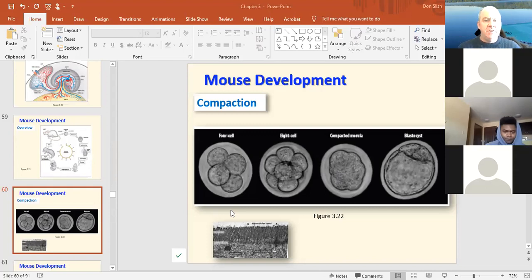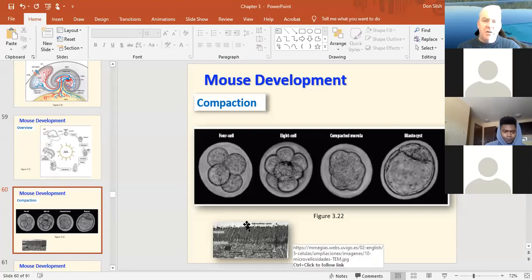Another thing that happens at this stage is the outside cells of the morula develop microvilli. So I think this picture down here is stolen from the internet. I think it is intestinal epithelia, but it's the same kind of thing.